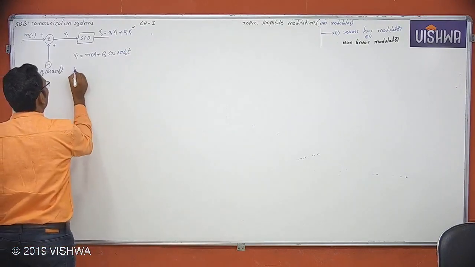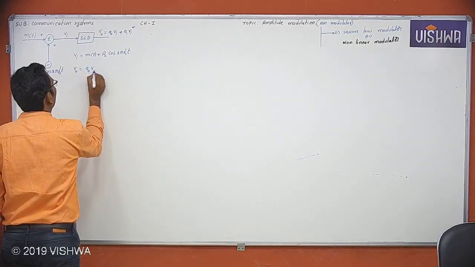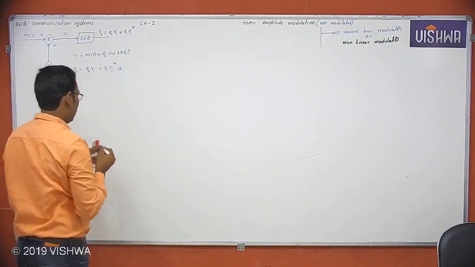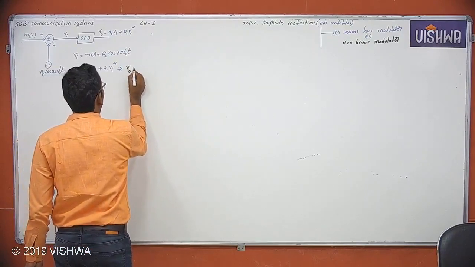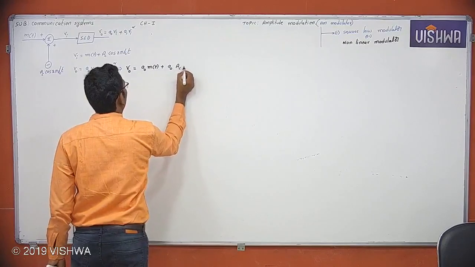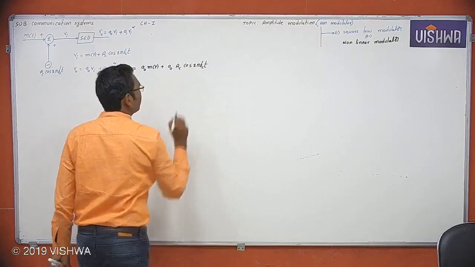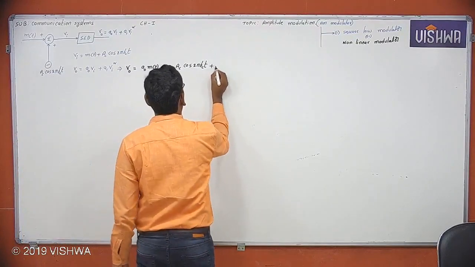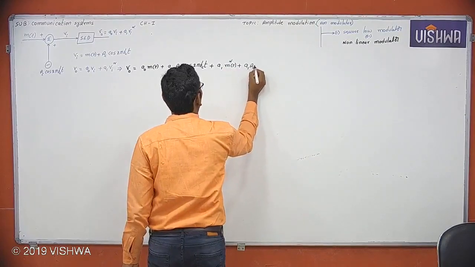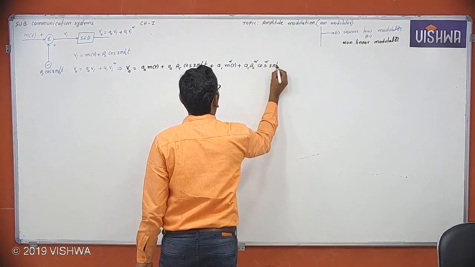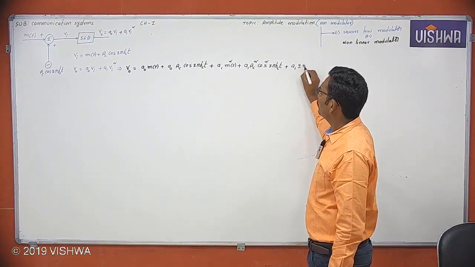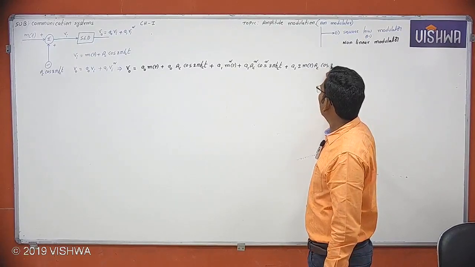So V naught equals A naught into m of t plus A naught into AC cos 2 pi fct, plus A1 into m square of t plus A1 into AC square cos square 2 pi fct plus A1 into 2 m of t AC cos 2 pi fct.